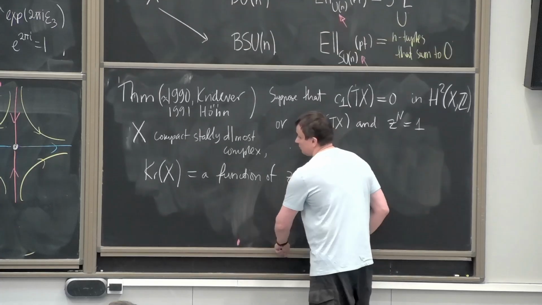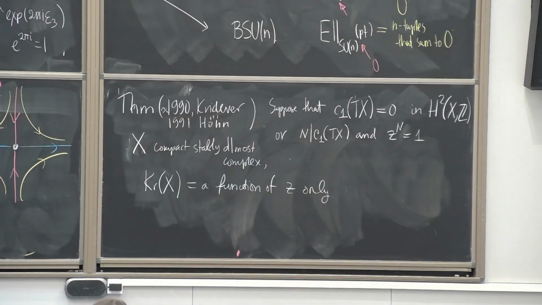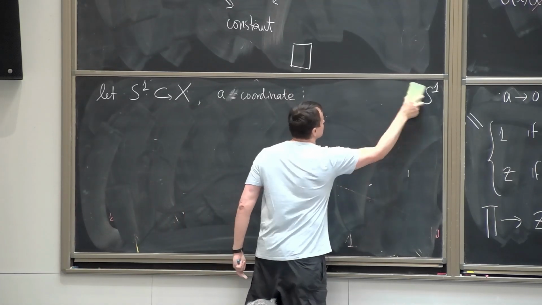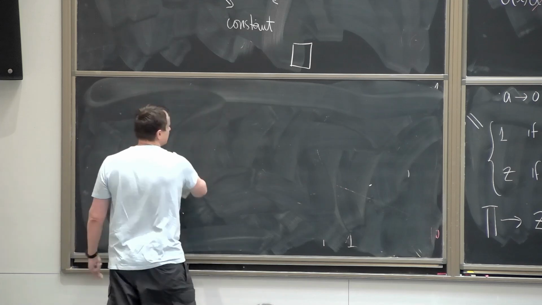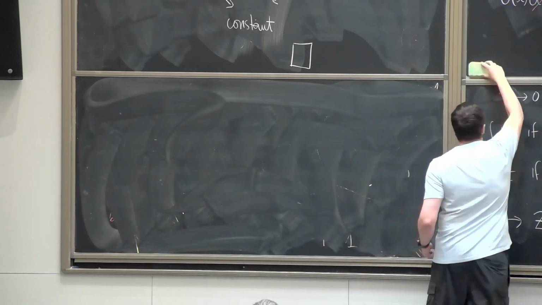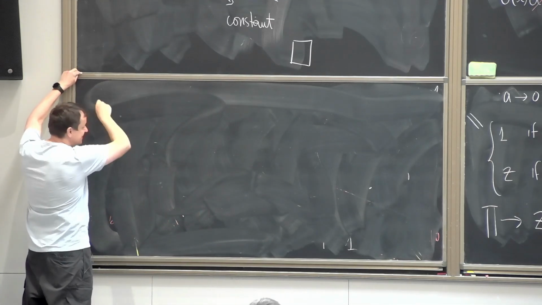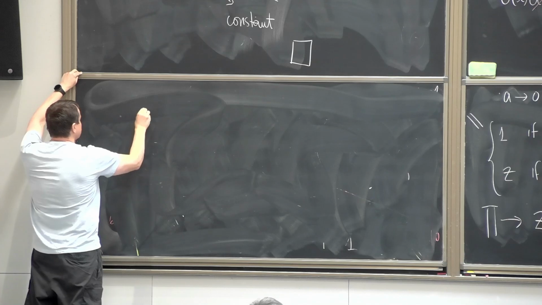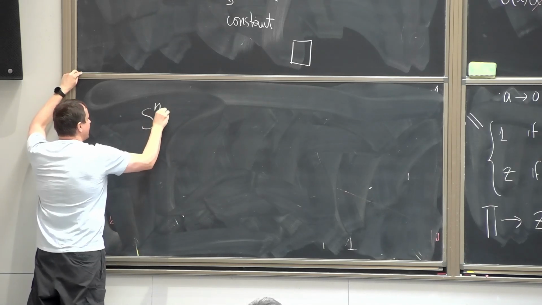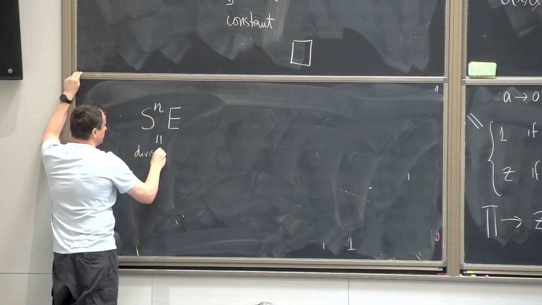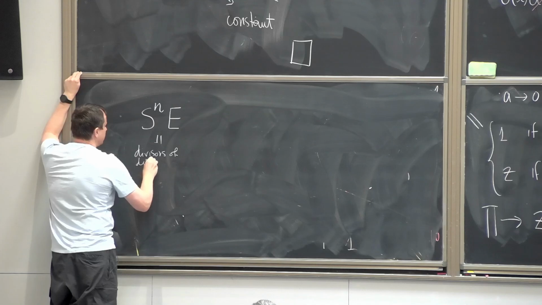So if I look at the elliptic curve, in other words, if I take n-tuples of points in the elliptic curve, these are the same as divisors of degree n.